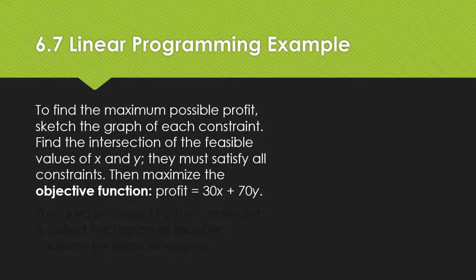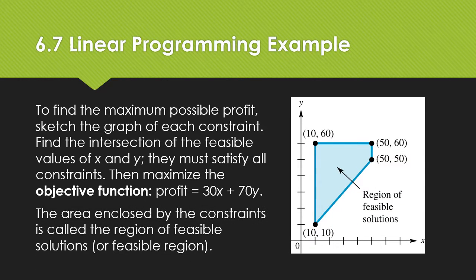And the profit is 30X plus 70Y because you're selling the MP3 players for 30 and the Blu-ray for 70. The area enclosed by the constraints is called the region of feasible solutions, or feasible region. This is where everything overlaps. When we graph everything, it has to be in the first quadrant.